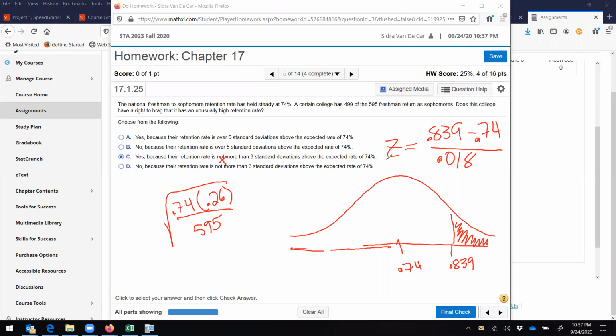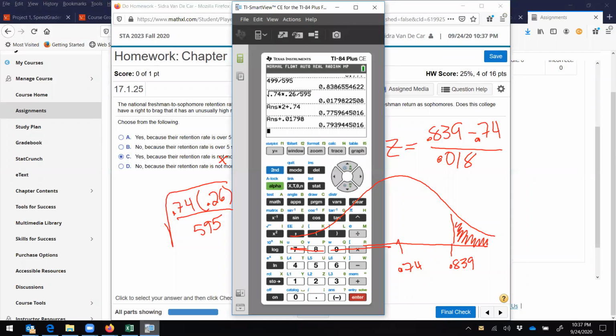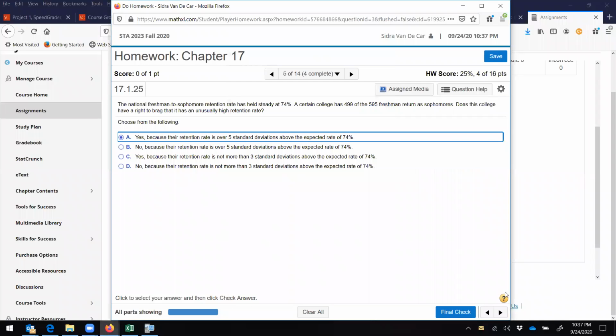All right, let's figure out what that z-score is. So if we go 0.839 minus 0.74 and divide by 0.018, that's more than 5 standard deviations up. So yep, it's more than 5 standard deviations.